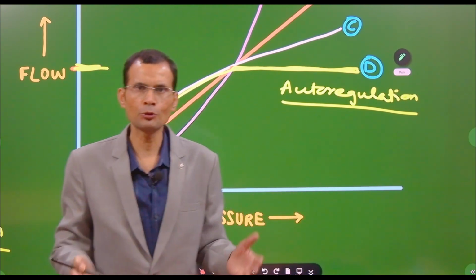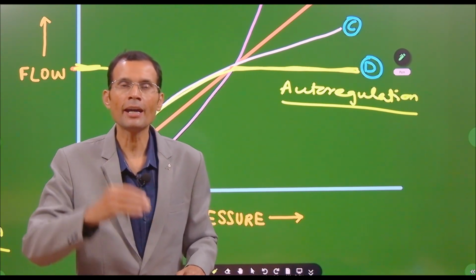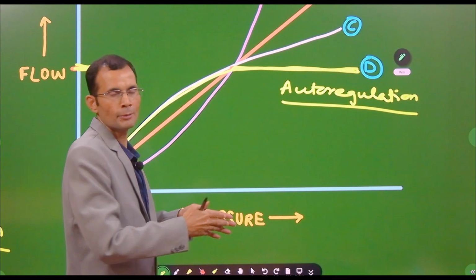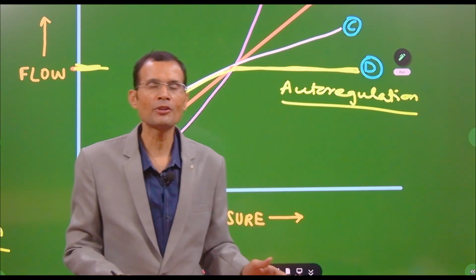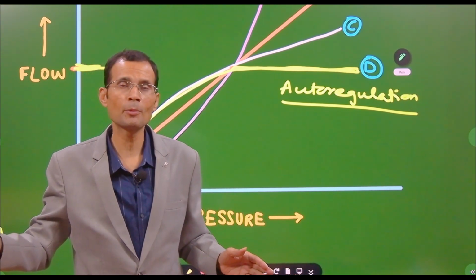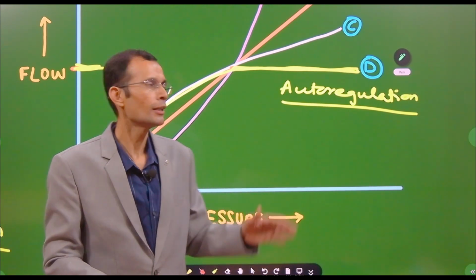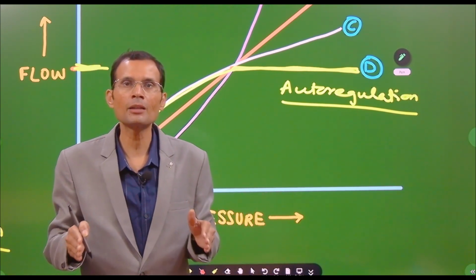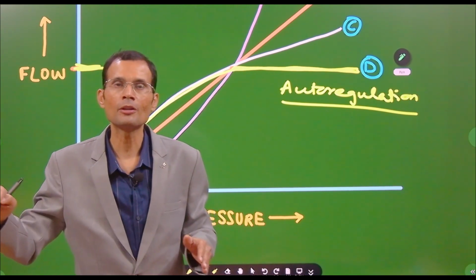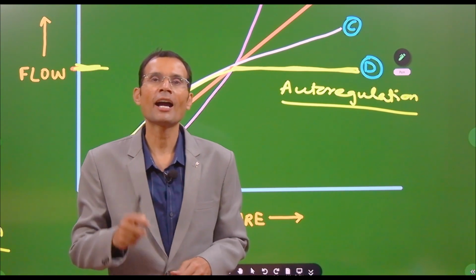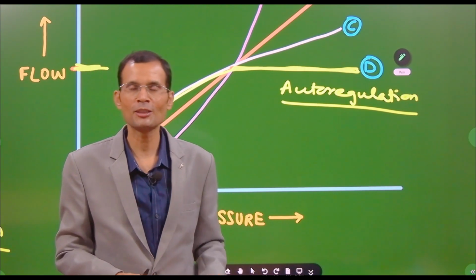These organs cannot afford to have that, and therefore they hold their blood flow constant. And therefore remember, from 60 mm of Hg up to 180 mm of Hg, that's the mean blood pressure range in which these organs can maintain their blood flow at a constant level. That's the concept of autoregulation of blood flow, and that was the graph for this particular video.